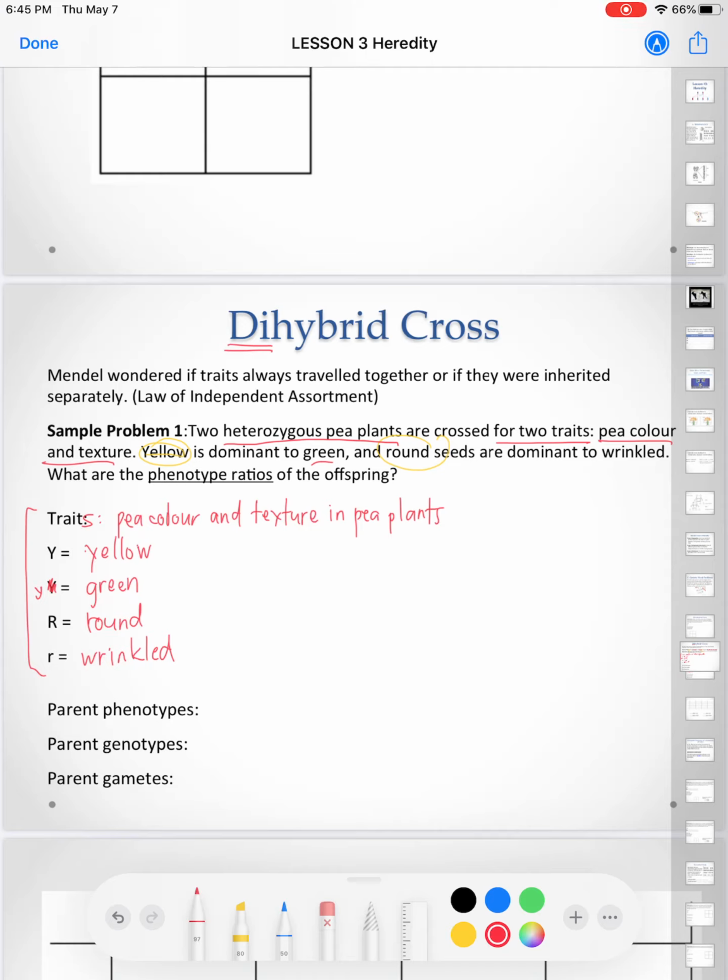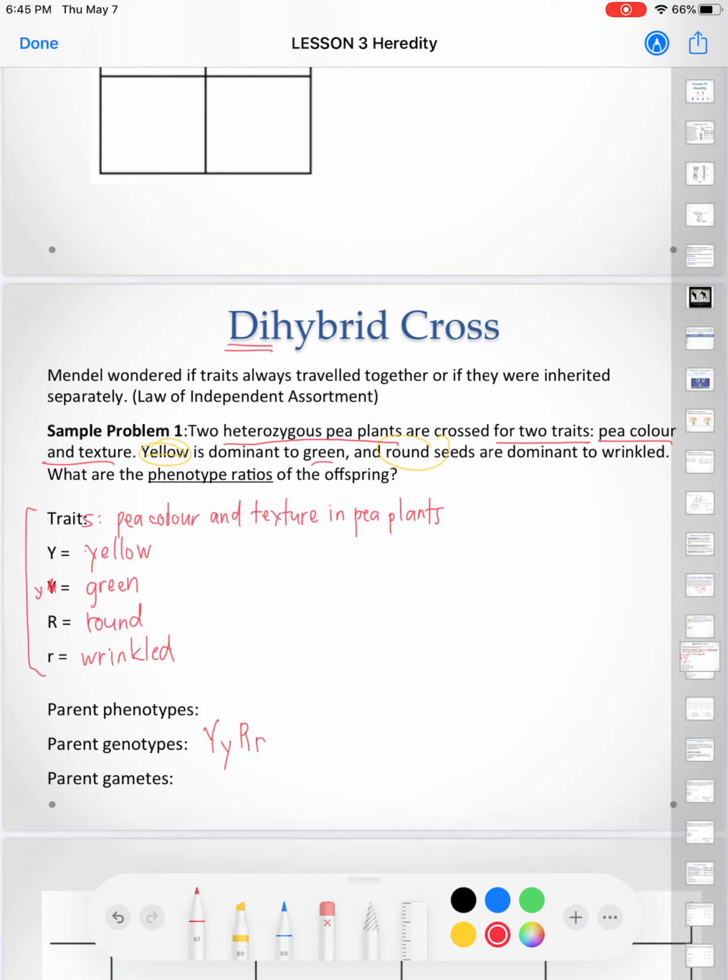We have to give each parent two alleles for pea color and two alleles for pea texture. So this first parent is heterozygous for both traits. We're going to give it one dominant and one recessive allele for color, and one dominant and one recessive allele for texture of pea seeds.